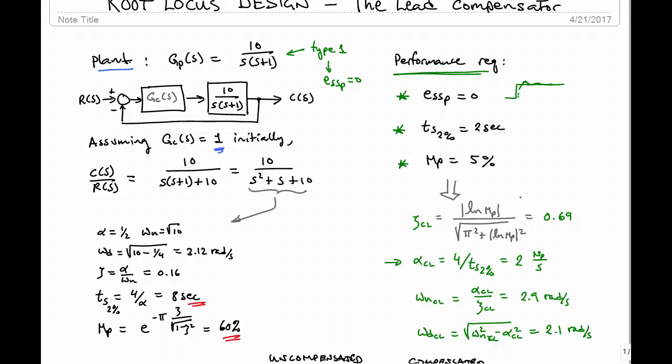Then we can use the overshoot and we can solve for zeta as a function of overshoot. This formula here is worth probably memorizing. The magnitude of the log of the overshoot over the square root of pi squared plus the magnitude of the log of the overshoot squared. And in this case, we need a damping ratio of 0.69, so we have to increase our damping ratio from 0.16 to 0.69.